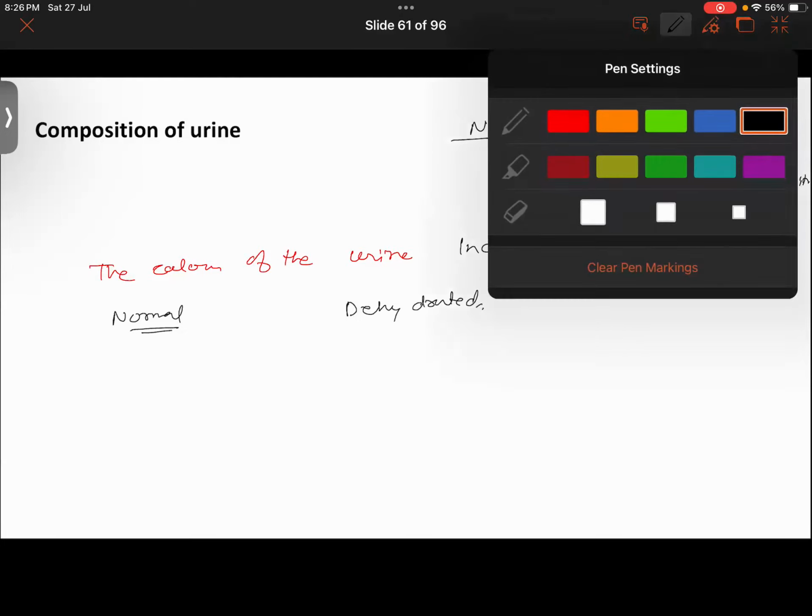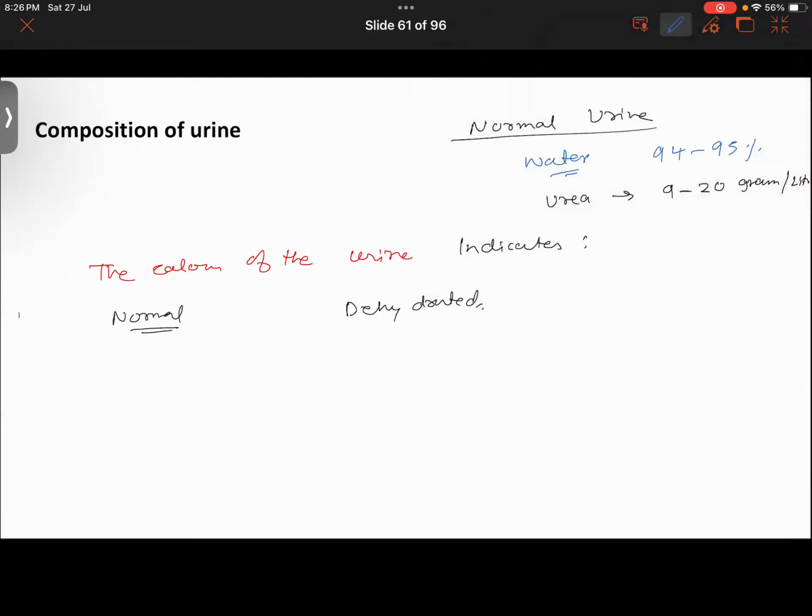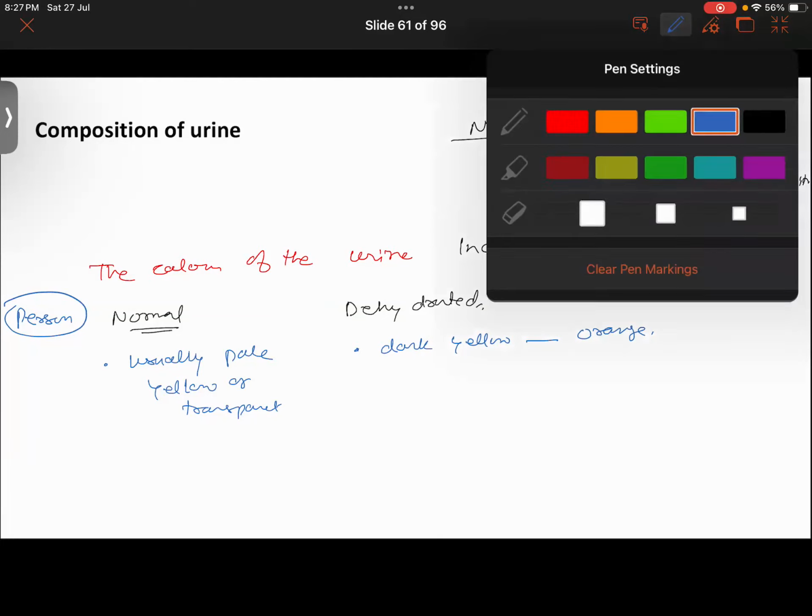If a person is normal, meaning he is taking a sufficient amount of water, the color of the urine would usually be pale yellow, light yellow, or sometimes transparent as well. But if the person is dehydrated, it would be dark yellow, or sometimes orange also. Got this now, what I'm trying to say?